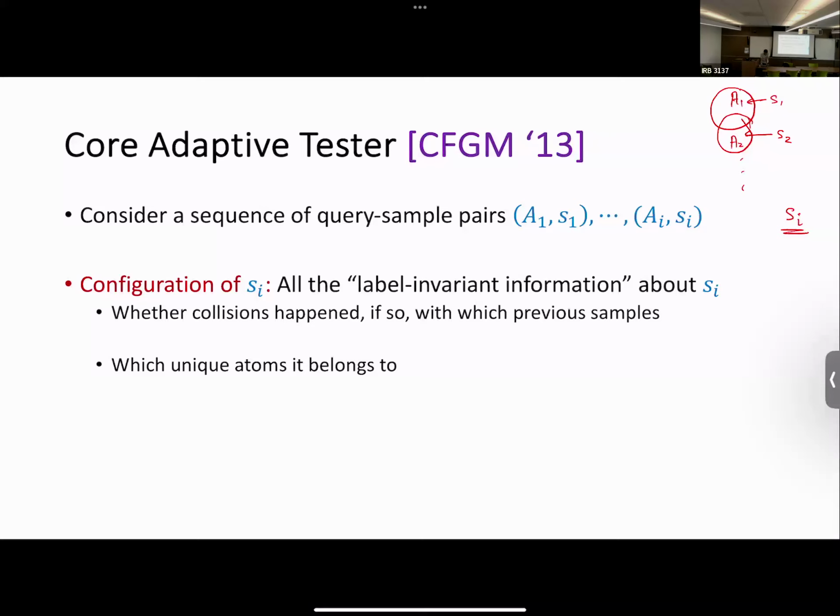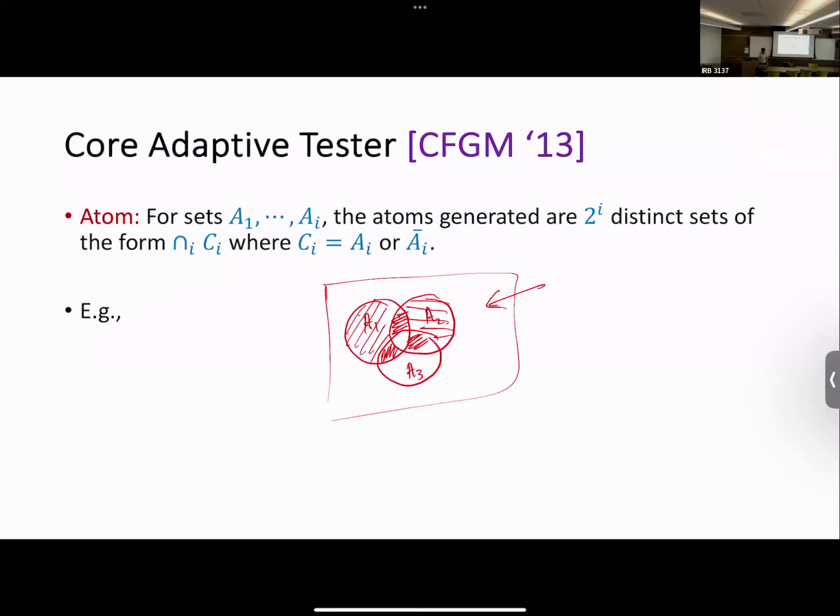So now for a particular Si, what is the label invariant information that is really useful? One is in which of the unique atoms this Si belongs to. If you think of the previous example, if you have three subsets that you queried on, it defines all these 8 distinct atoms with distinct states.